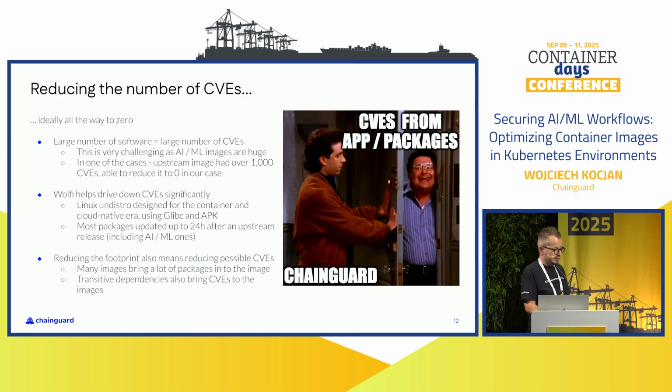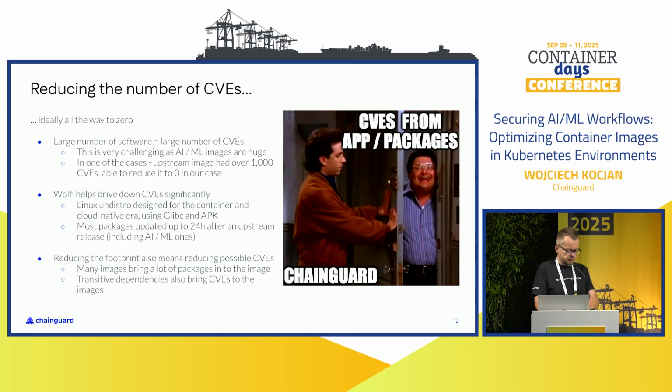So when we take that seriously, we try to ship images that have 0 CVEs or at least as few CVEs as possible, right? So in one case, by doing some smart logic in not just the image building, but also in some small tweaks in the requirements.txt, we were able to get an image that had over 1,000 CVEs all the way to 0.